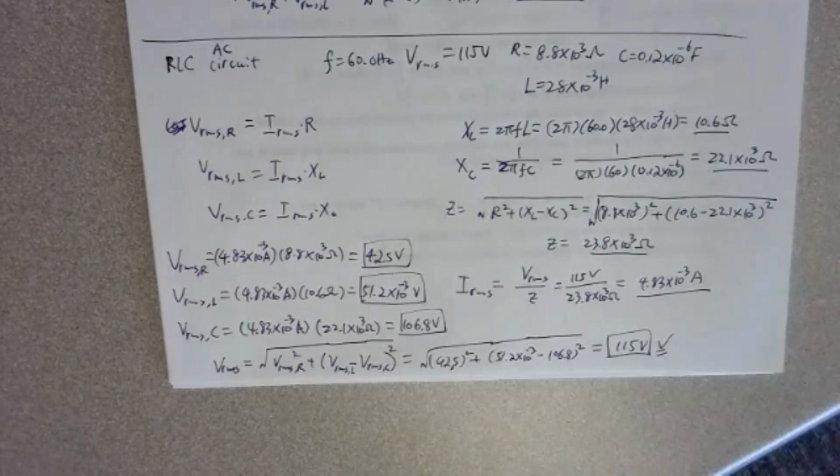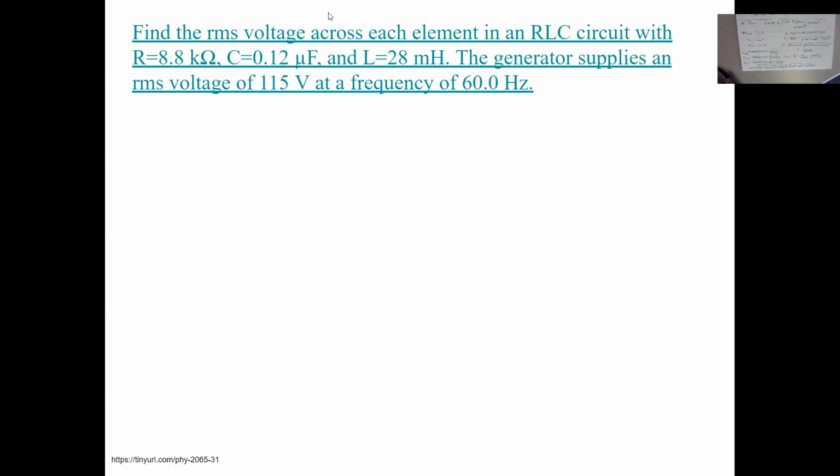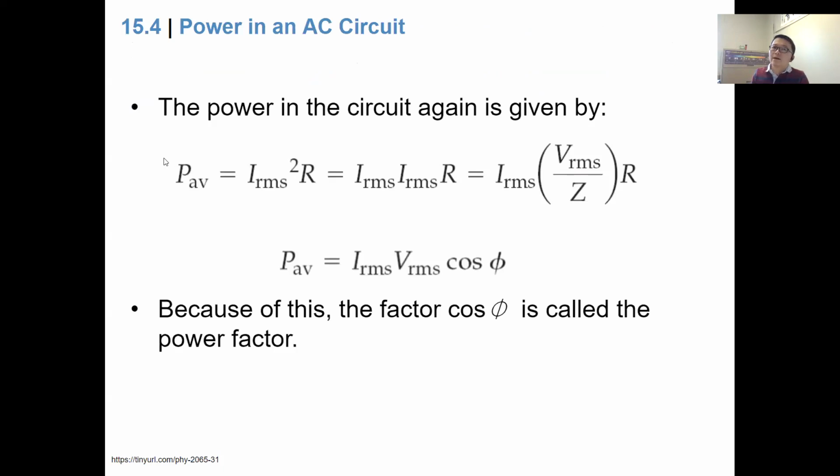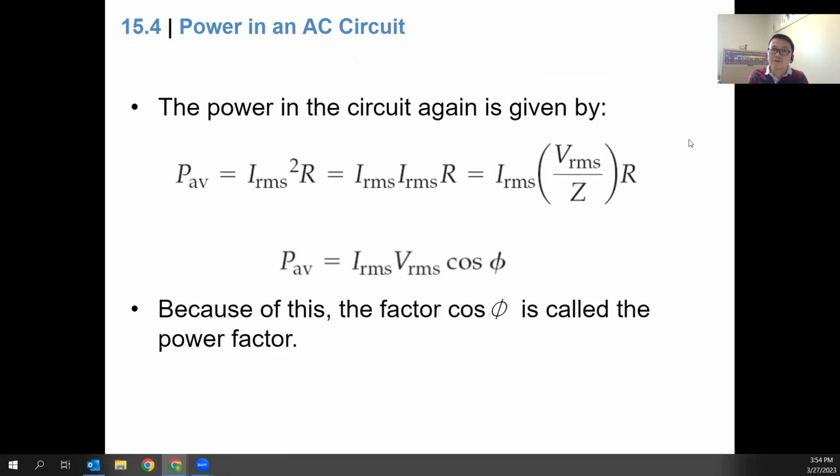All right, so going back to the slide. Overall, the power in the AC circuit, if you have a capacitor, resistor, and inductor in the circuit: the inductor and capacitor do not consume any power.